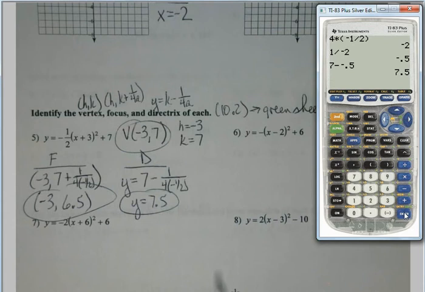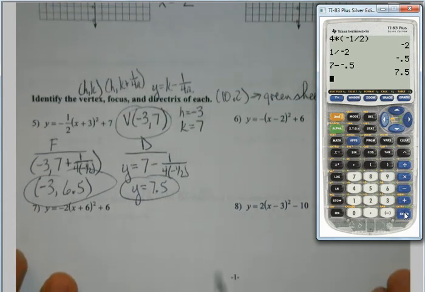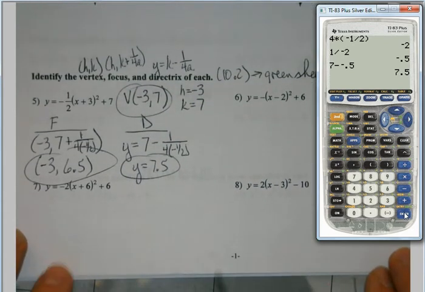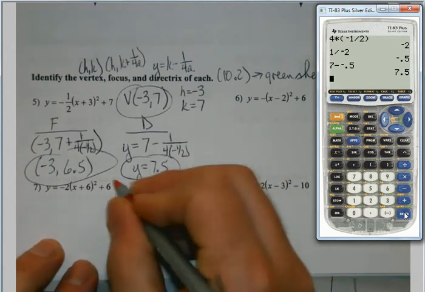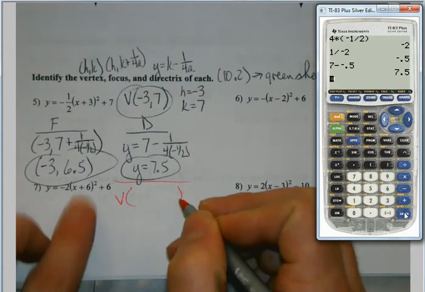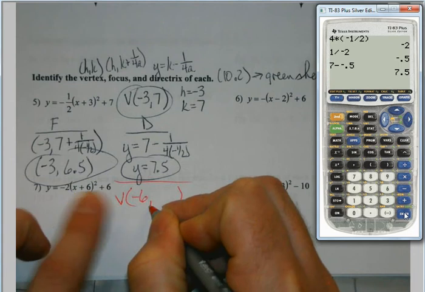Now again, I'm going to do one more of these because these are a little bit crazier. So let's come down to 7. Okay, so I get down to 7 and I go, all right, my vertex, opposite, keep it.